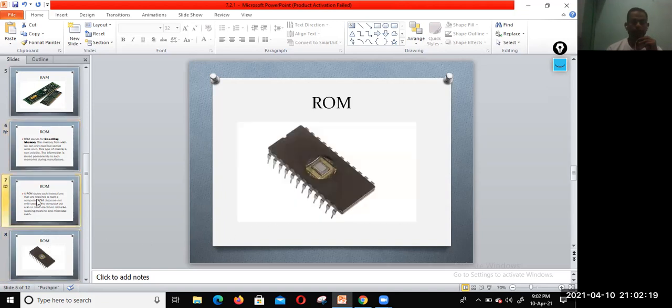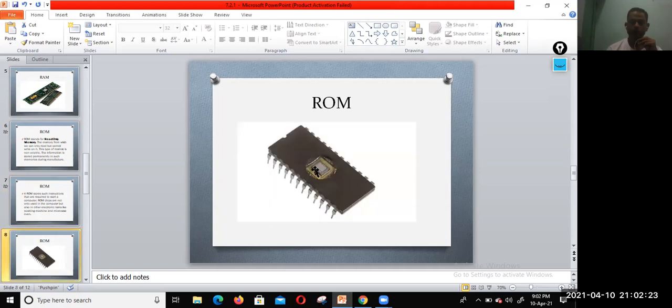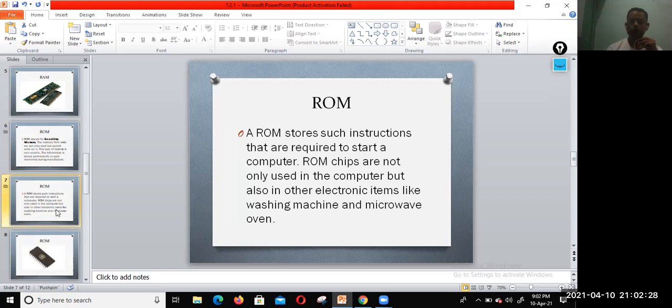Here you can see the diagram. ROM stores the instructions required to start a computer. ROM chips are used not only in computers but also in other electronic items like washing machines and microwaves.